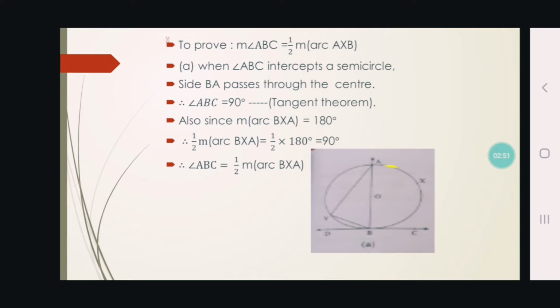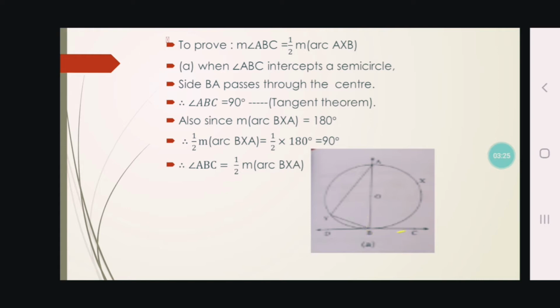Now the measure of the arc AXB will be 180 degrees as it is representing the semicircle. Measure of a semicircle is 180 degrees. Then half measure arc BXA, that is half of 180, will be equal to 90 degrees. Therefore, measure angle ABC is half measure arc AXB.